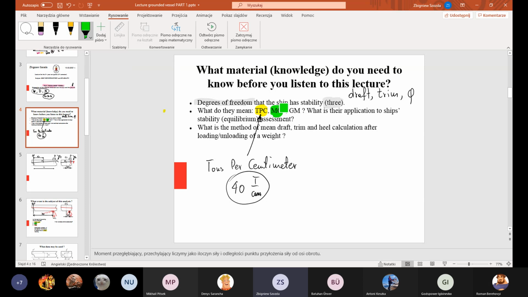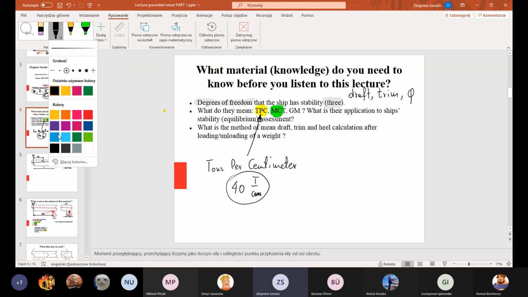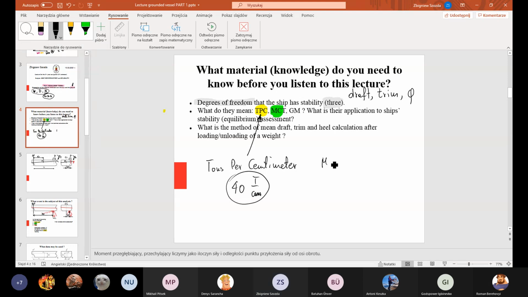MCT. What information is contained in MCT? Moment to change trim. MCT, moment to change trim. Let's say 50,000 tons meter. What does it mean?